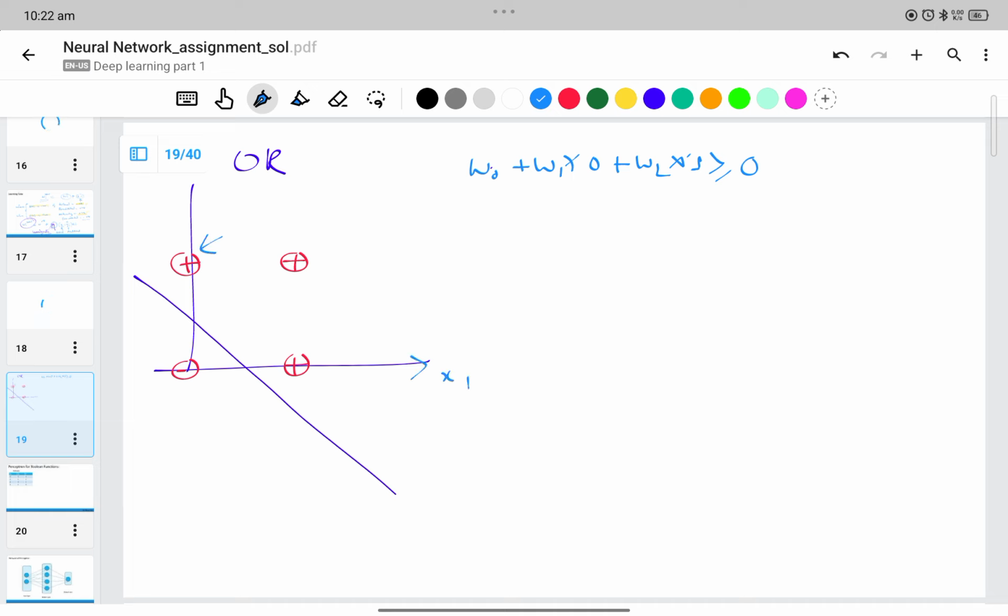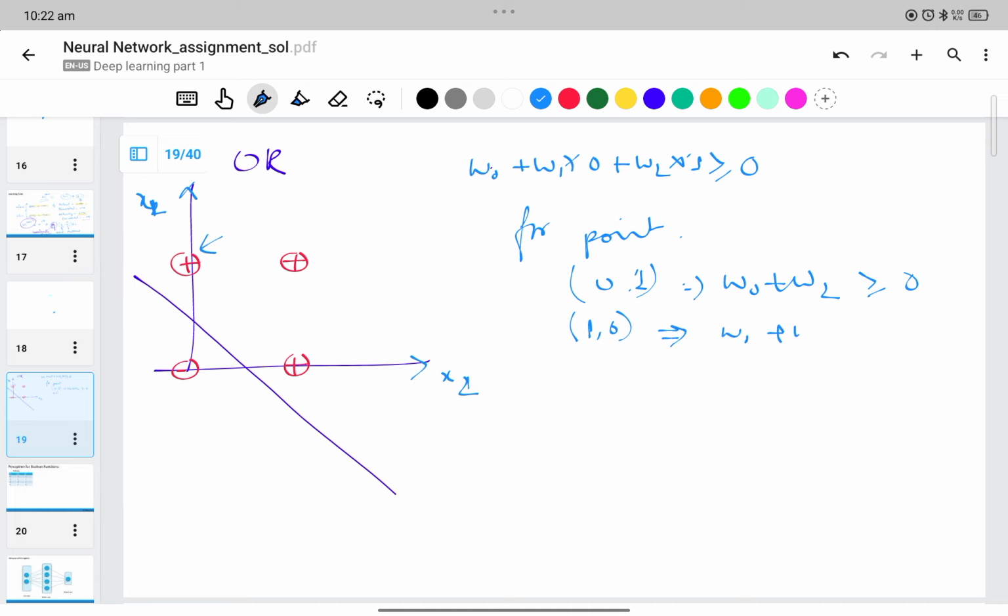If this is x1 and this is x2, for point 0 1 we have w0 plus w2 greater than or equal to 0. For point 1 0 we have w0 plus w1 greater than or equal to 0.